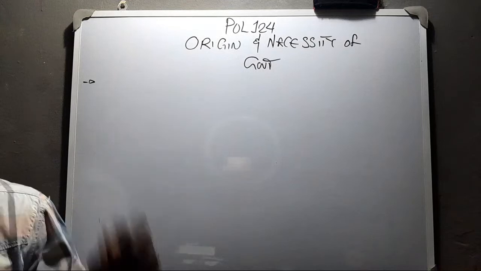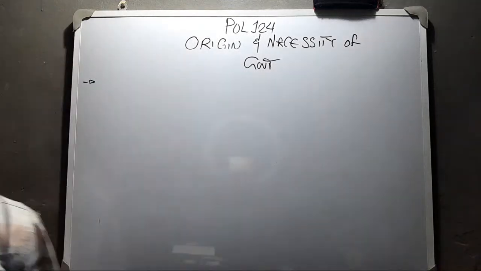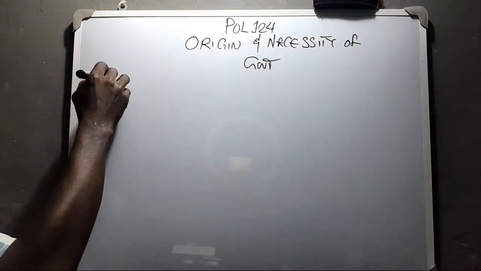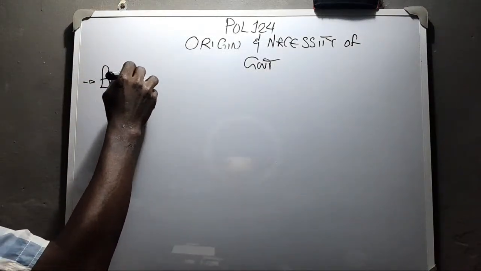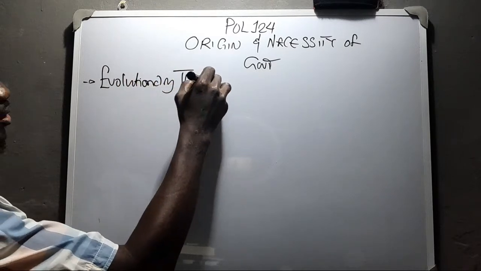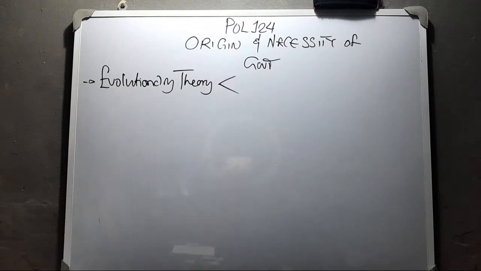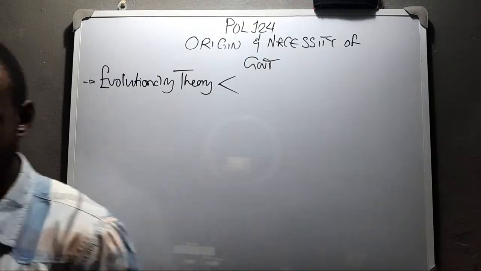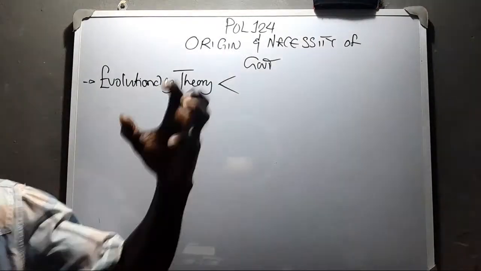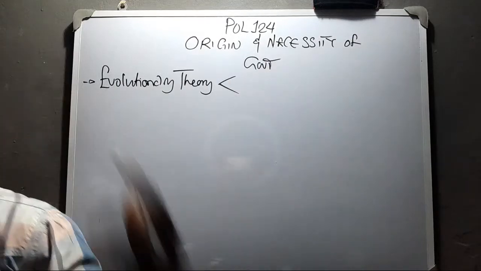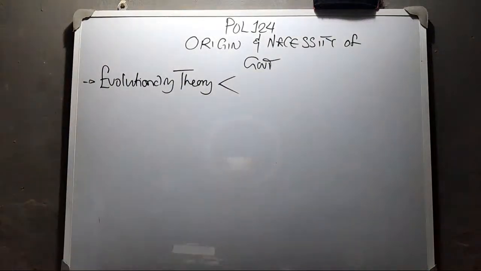Now let's take the very first theory, which is the evolutionary theory. The evolutionary theory posits that government originates from a family or clan-bound structure.